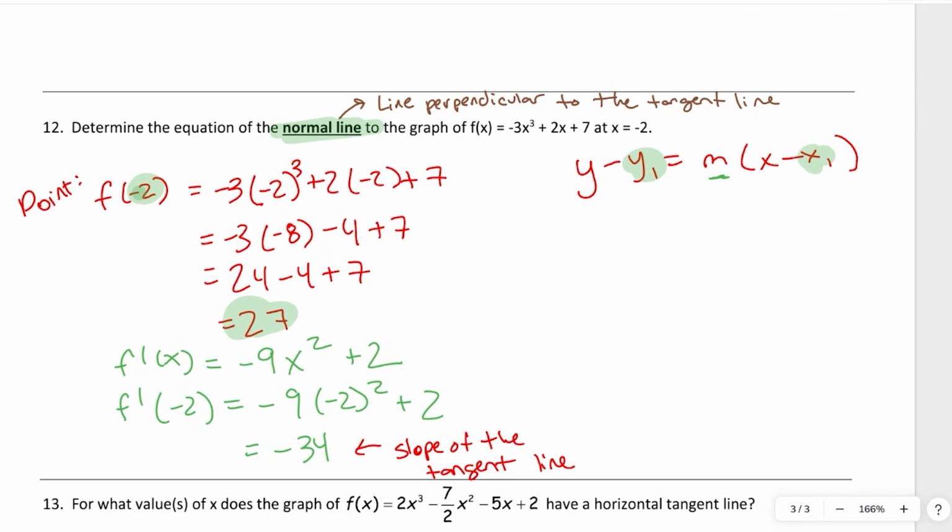So the slope is actually going to be positive 1 over 34 because that's the opposite reciprocal of negative 34. So my final answer here should be y minus 27 equals positive 1 over 34 times x plus 2.